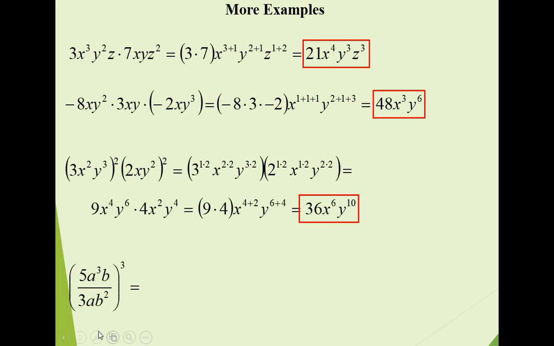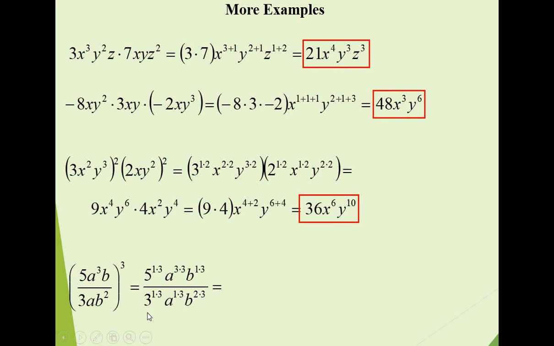All right, and this is how you would actually do that. So here it's going to be 5 to the 1 times 3, then a to the 3 times 3, and then b to the 1 times 3, all divided by 3 to the 1 times 3, a to the 1 times 3, and b to the 2 times 3.